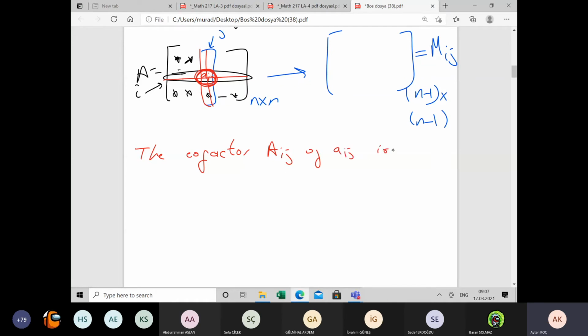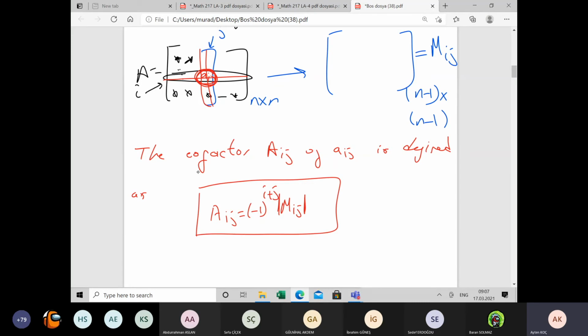This one is defined as: take the minor Mij, which is a matrix, compute the determinant of Mij, and multiply by minus 1 to the i plus j. This one is called the cofactor of our entry. It's okay.